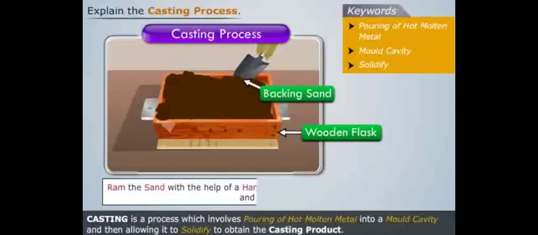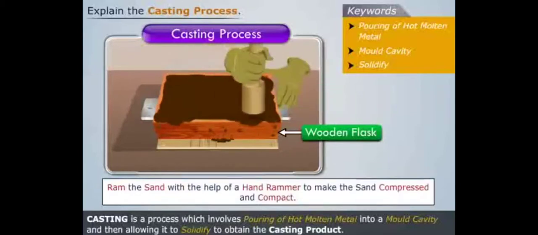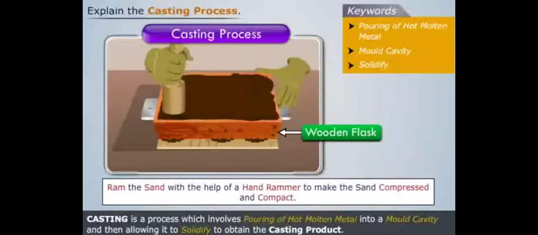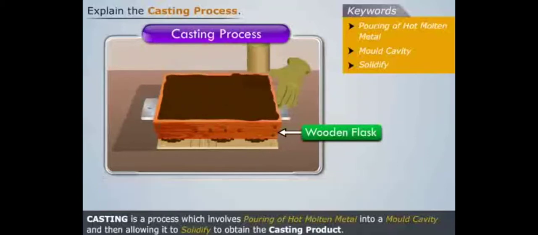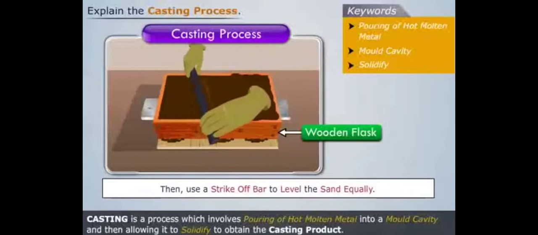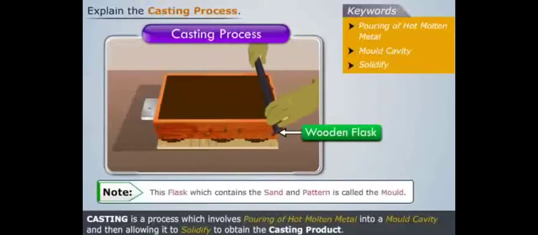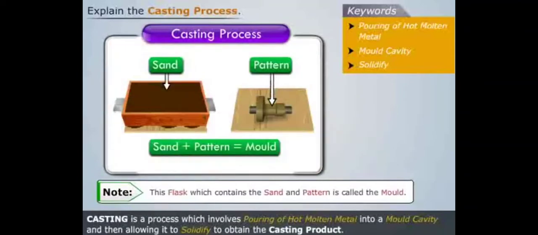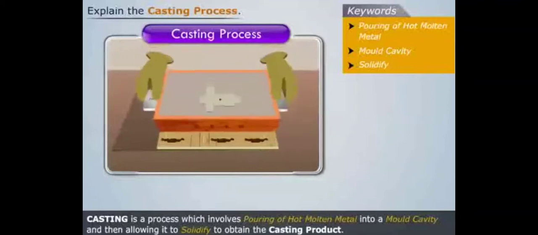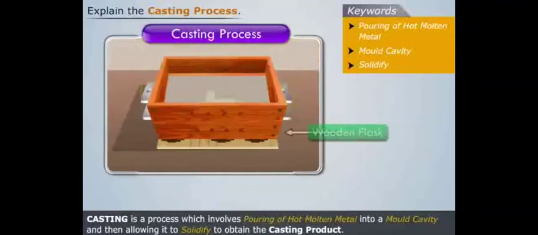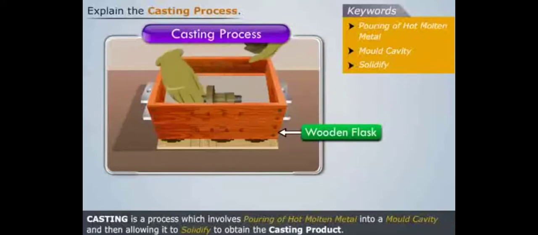Now take a hand rammer and ram the sand so that the sand inside the flask gets compressed and compact. Then use a strike-off bar to level the sand equally. Note that this flask which contains the sand and pattern is called the mold. Now turn this flask and place another wooden flask over the previous flask. Then place another similar pattern over the first pattern.